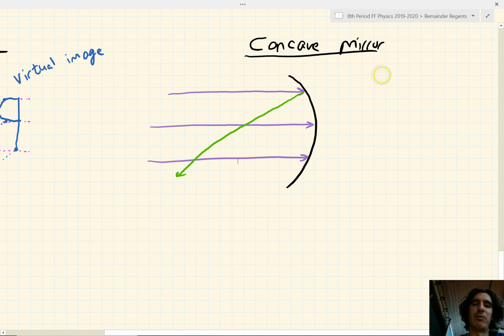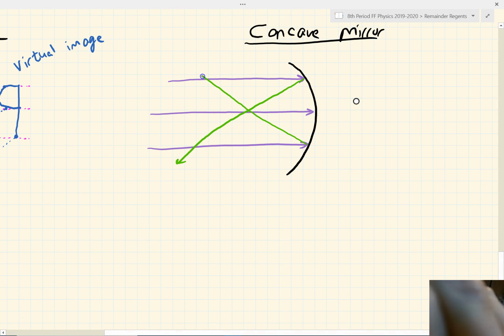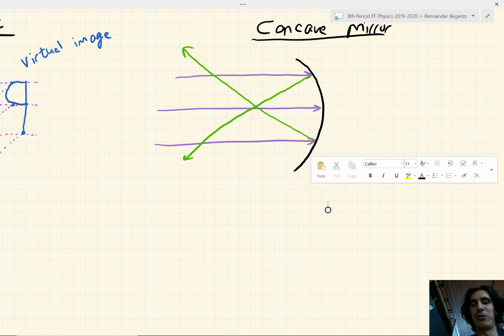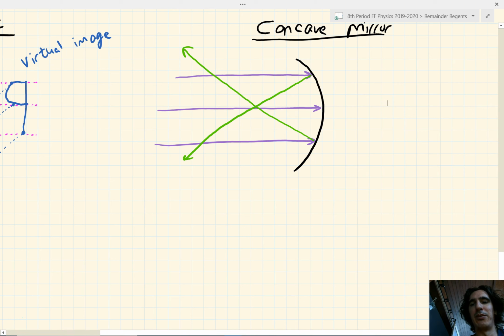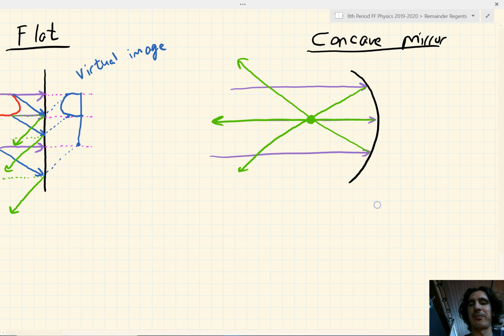They're going to bounce back relative to the normal. And the purple middle one will just bounce straight backwards because it's hitting right on the normal. And what happens is where all the reflected rays converge, that gives us our image.